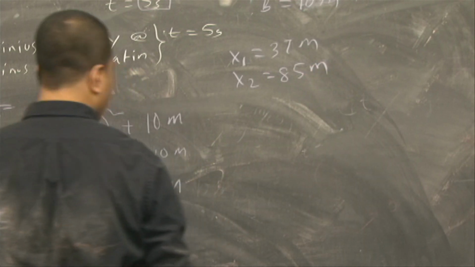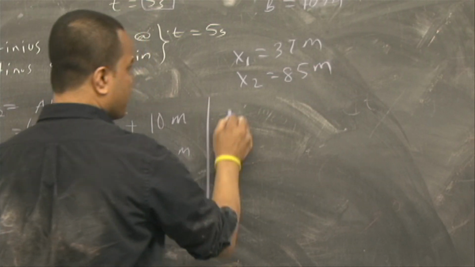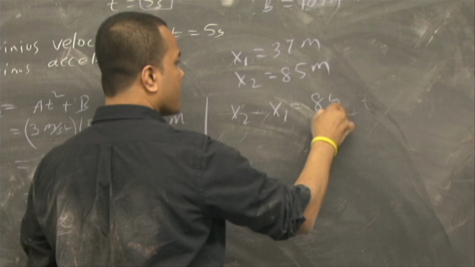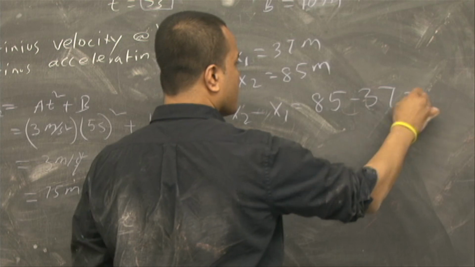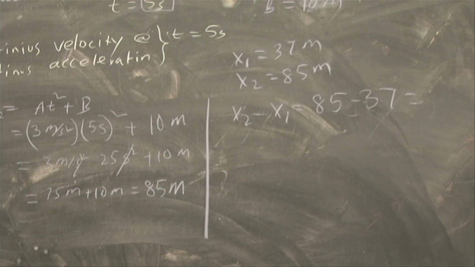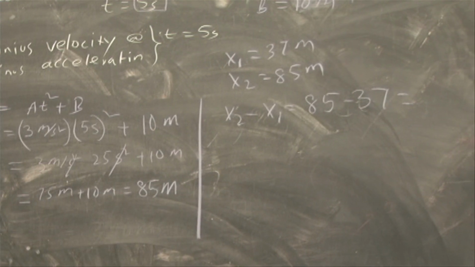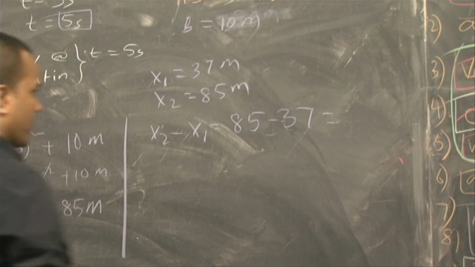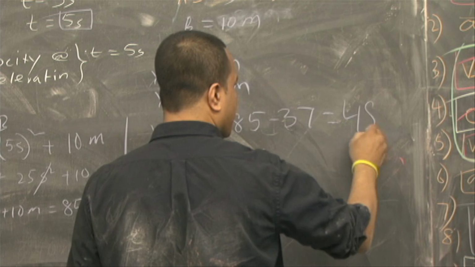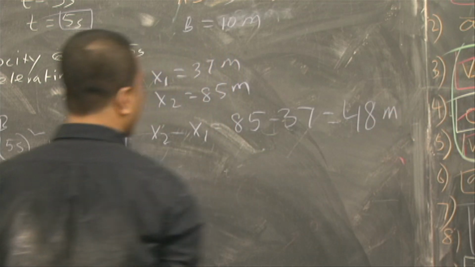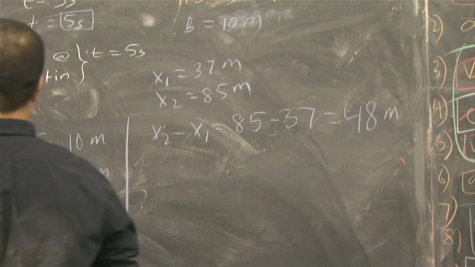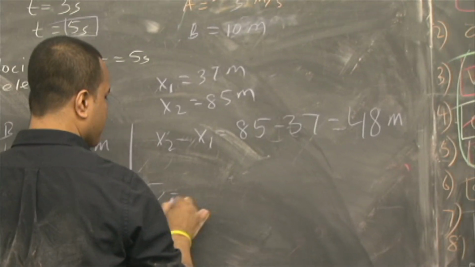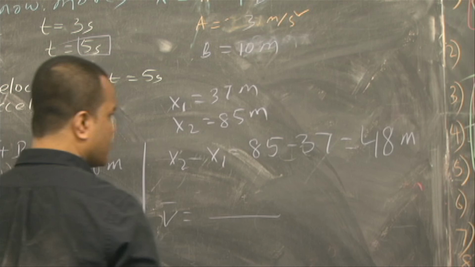So what would be our displacement? Displacement is simply x2 minus x1, which is 85 minus 37, which gives us 48. So displacement is 48 meters. And what is velocity? Velocity, we use the same information.